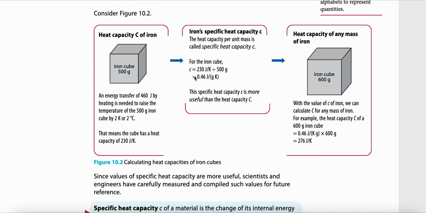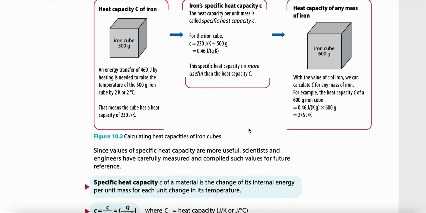What do I do? I take small c multiplied by the mass of this iron cube, because I know this number is for 1 gram of iron. So if I have 600 grams, I just take 600 grams multiplied by this value, which is this number over here, right? So you can see straight away that small c is more useful than big C. And generally we work with small c, right?